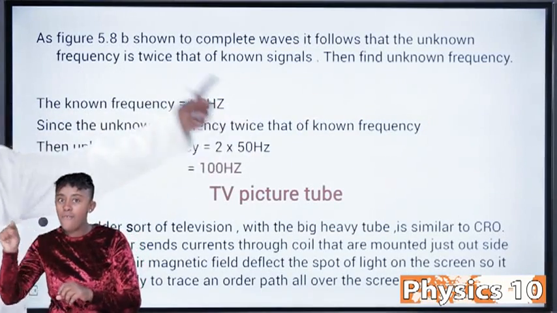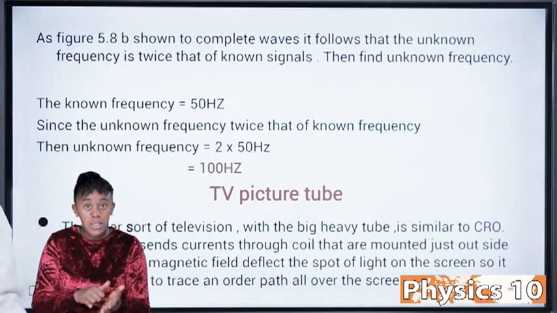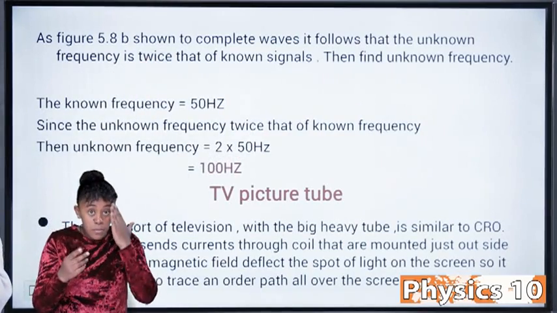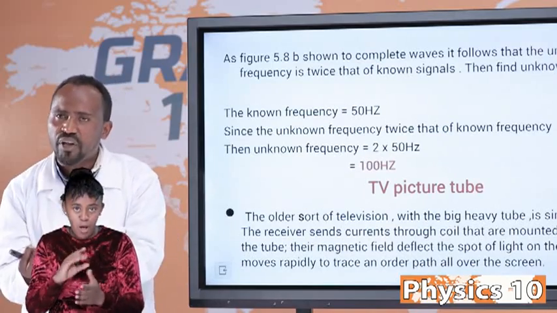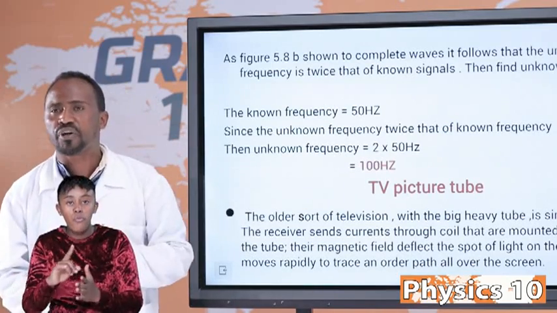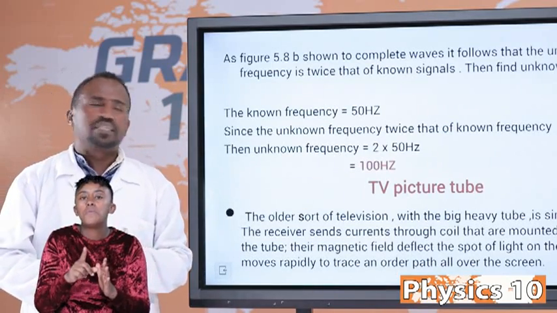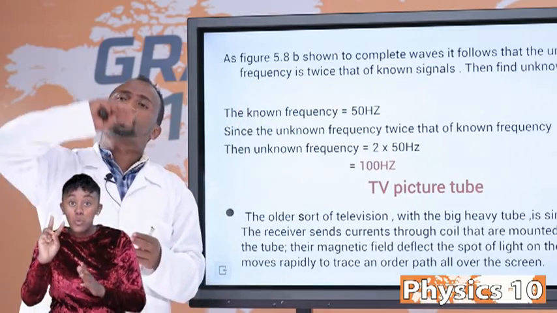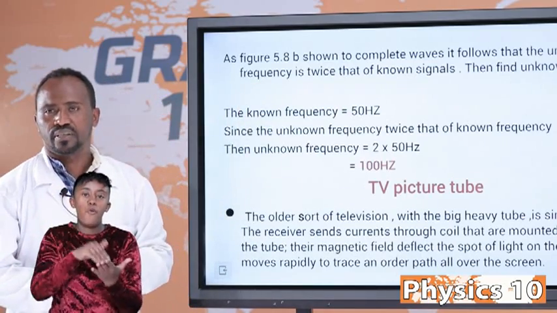Now, the figure shows the complete wave, so it follows that the unknown frequency is twice that of the known signal. The unknown frequency is 2 times the known frequency.